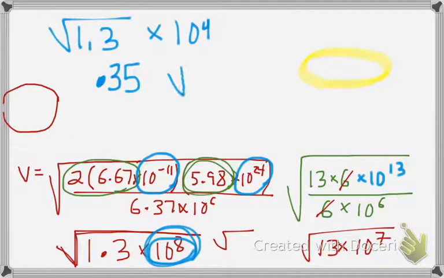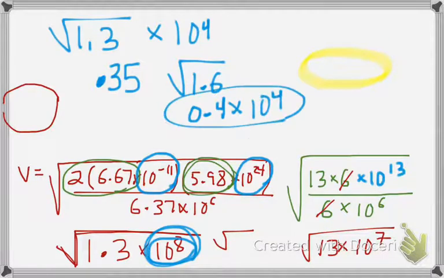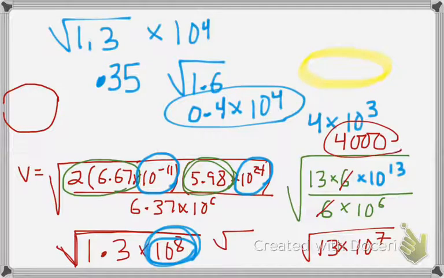Well, if we're estimating, let's call it the square root of 1.6, and then I don't need a calculator. That would be 0.4 times 10 to the 4th. In proper scientific notation, that would be 4 times 10 to the 3rd. Or the escape velocity would be 4 with 3 zeros after it.